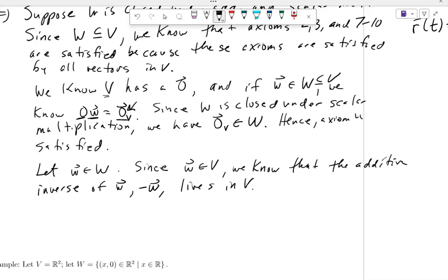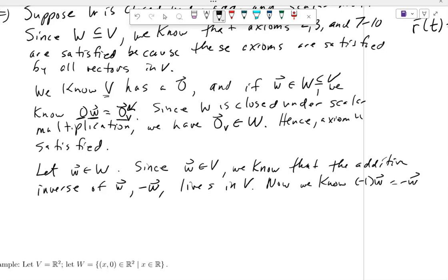And this is where closure is going to come in again, right? We know that -1 times this is the additive inverse, right? We already proved that for any vector space, correct?